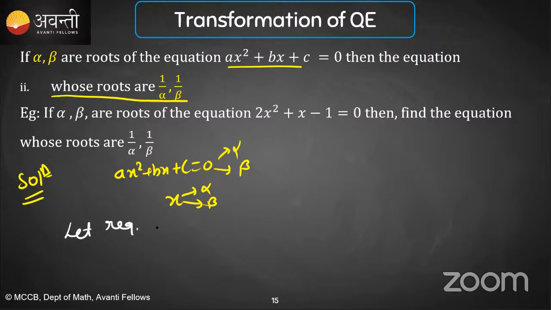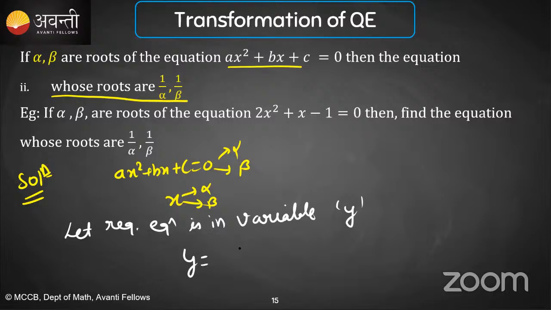So let the required equation be in variable y, right? What will y be? If the required roots are 1 upon alpha, 1 upon beta, everyone tell me quickly in the chat box, what is y?